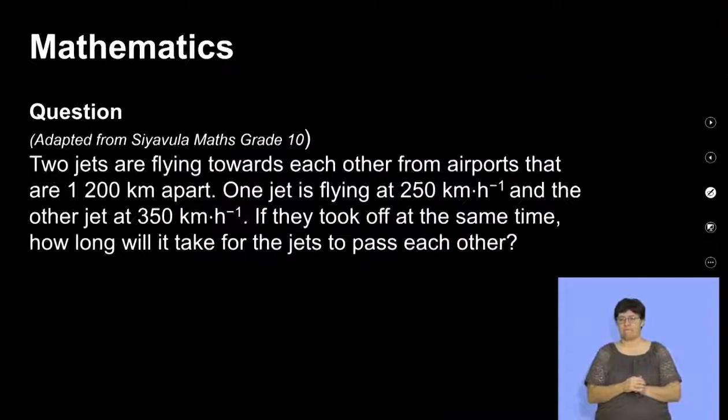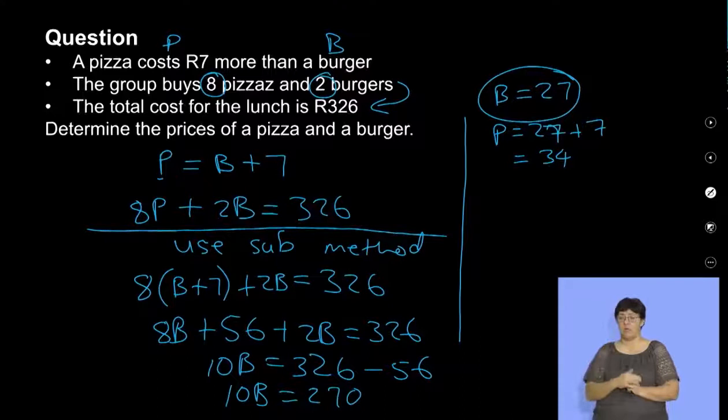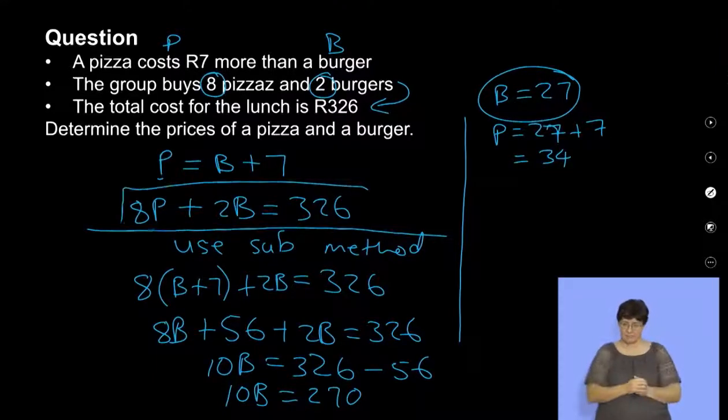So the pizza will be equal to 27 rand plus the 7 rand, which is 34 rands. Now, I just want us to verify whether what we've done so far is correct, by substituting it back here, so that I can get the 326 that they spent.